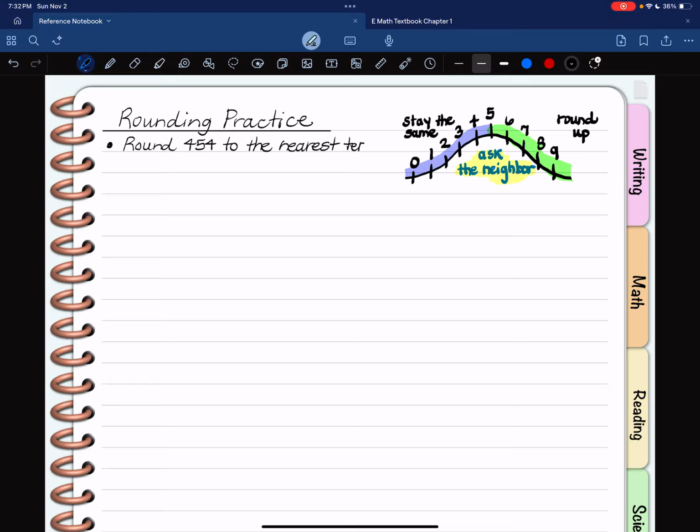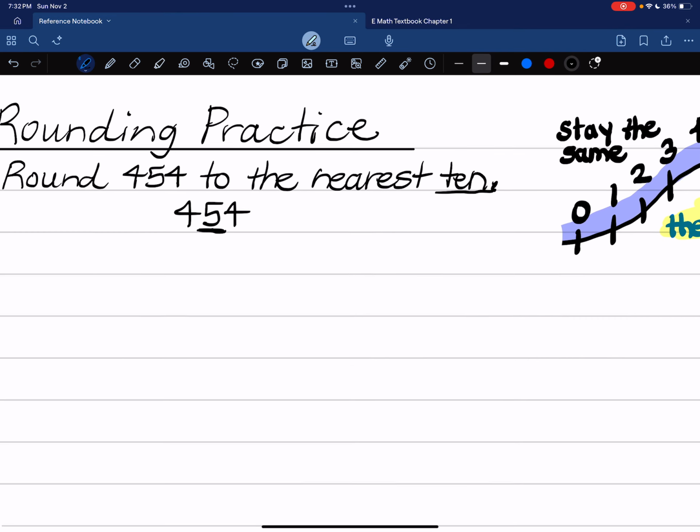And then we're going to apply our rounding rule. So I will write my number and I'm going to underline the tens place because that's what it's telling me to round to. So that's the 5. Just draw a line under the tens place.